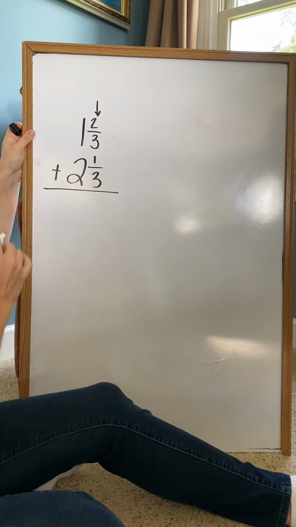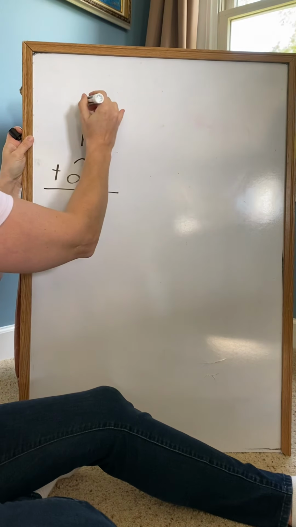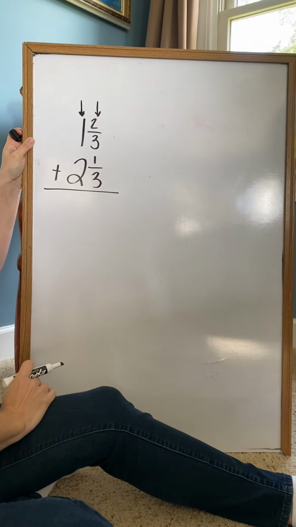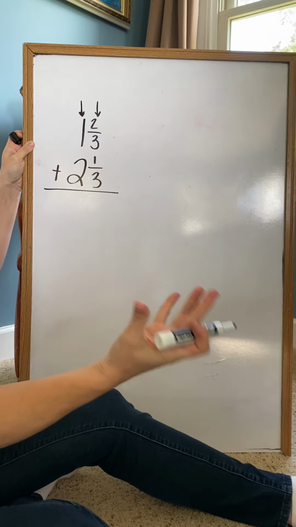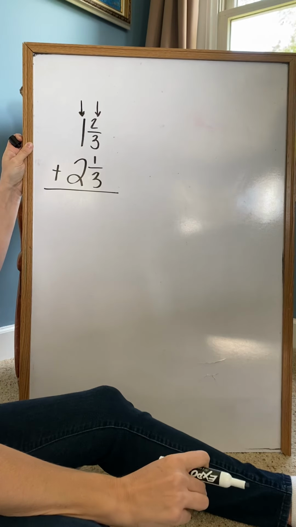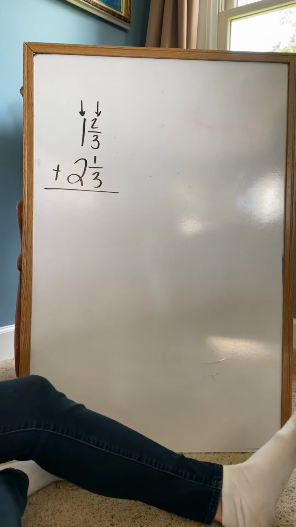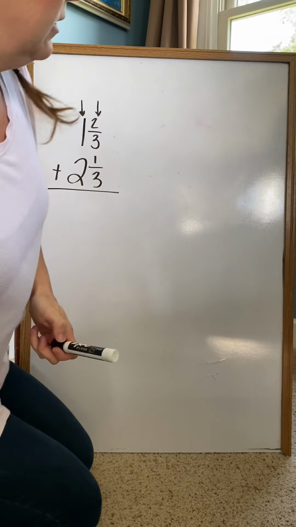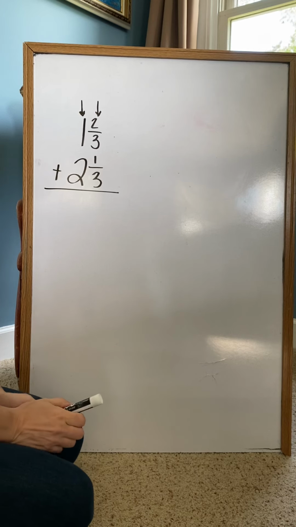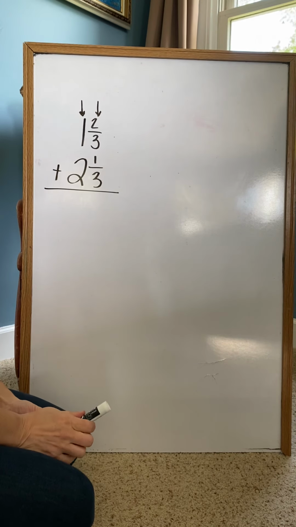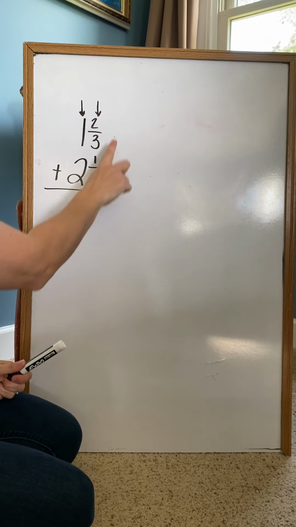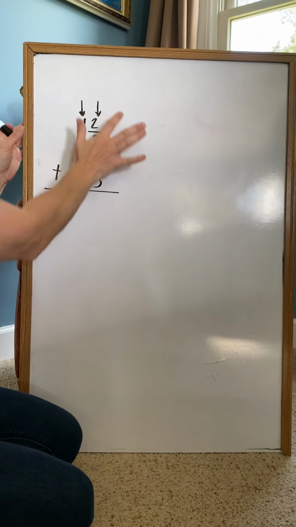This is the fraction place value. This is the whole number place value, or we could say our ones place, our units place. Okay? So just like with adding whole numbers, we're going to start with the smallest place value, which is our fractional place value.